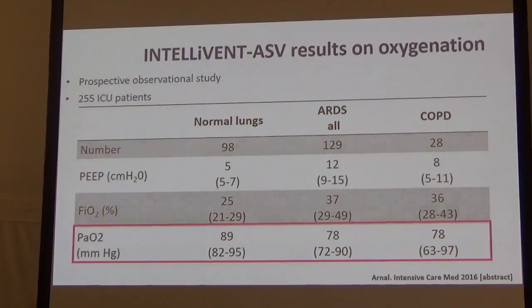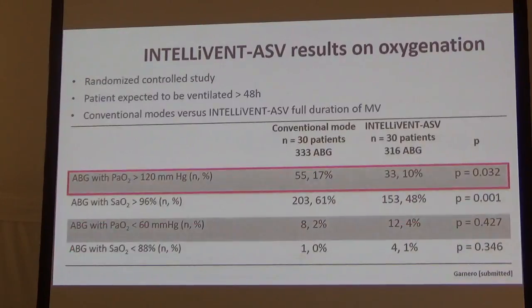In the last study that we performed in 255 patients, also when we looked at the blood gases, we didn't find a single case of hyperoxemia. And we recently performed a randomized controlled trial comparing INTELLIVENT-ASV versus conventional ventilation in patients ventilated more than 48 hours.